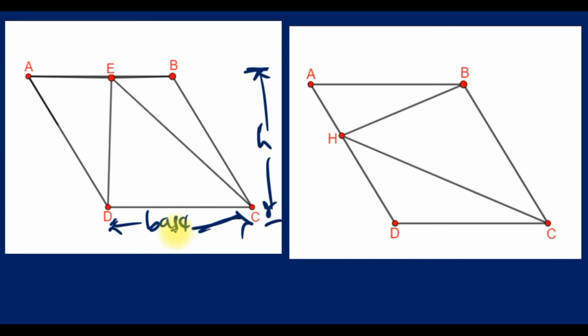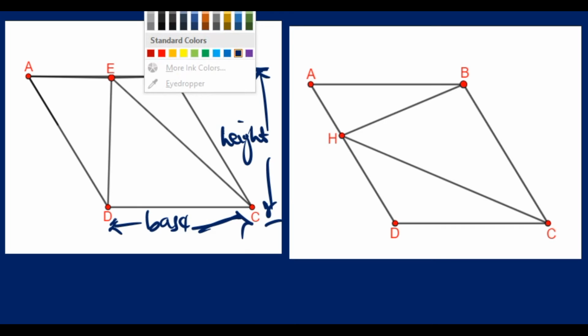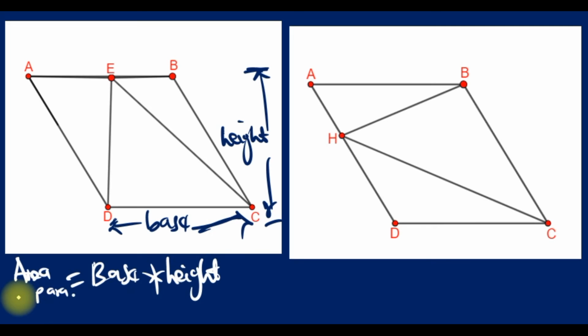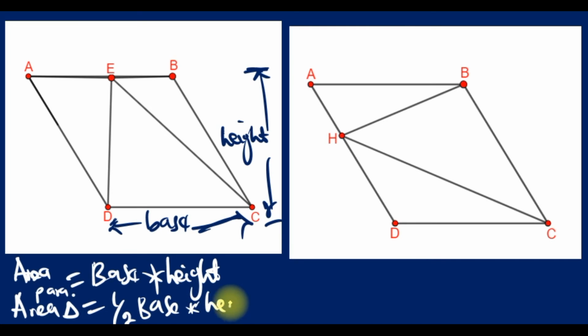So we know that the area of a parallelogram is base times height. Again, we know that the area of a triangle is half base times height.